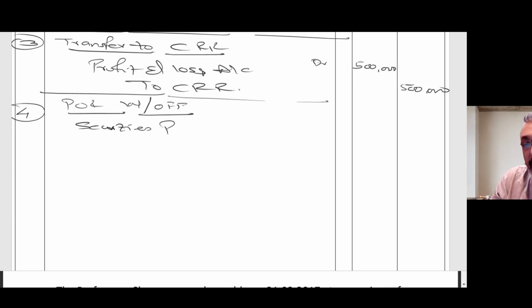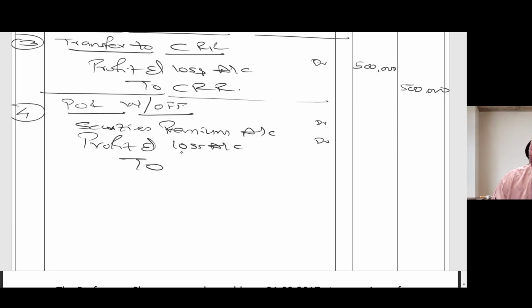Securities premium account debit, profit and loss account debit, to premium on redemption.